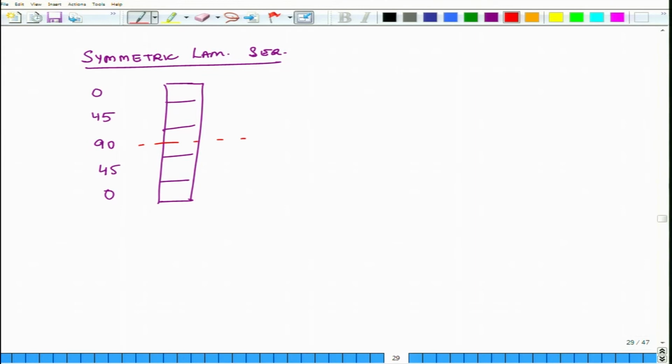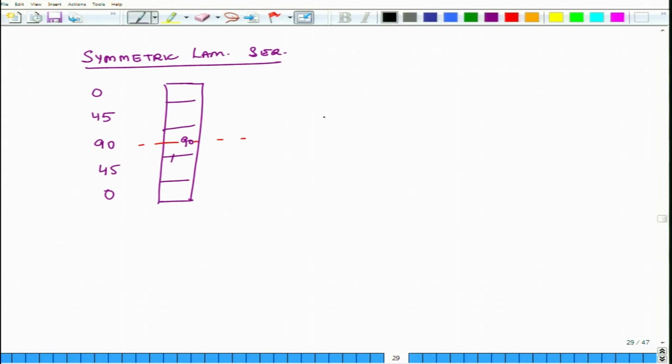We have said that unless you specify otherwise. So, this is 90, and then of course, all the other layers are there. The mid plane is passing through the middle of the 90-degree layer.